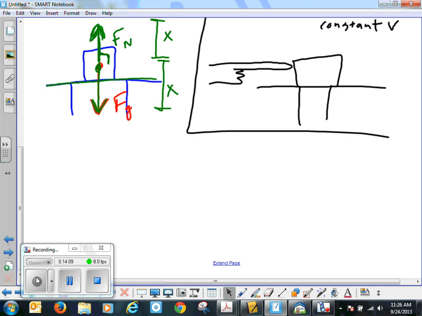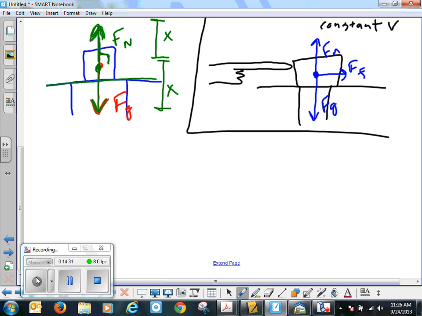But what do we always have? Gravity, the force of gravity. What do we have to have so it doesn't fall through the surface? Force normal. Now, is there a force of the finger? Yes, you can see it's forcing in this direction. That's the force of the finger.